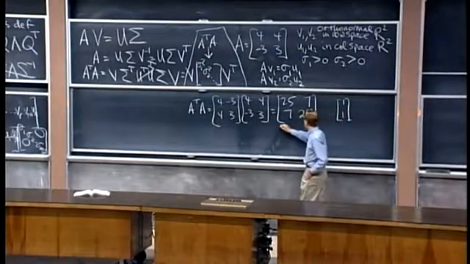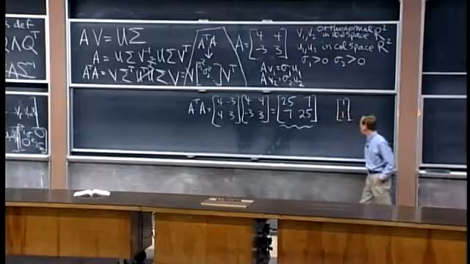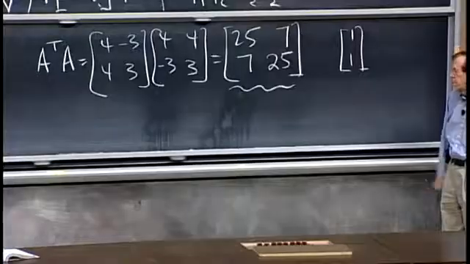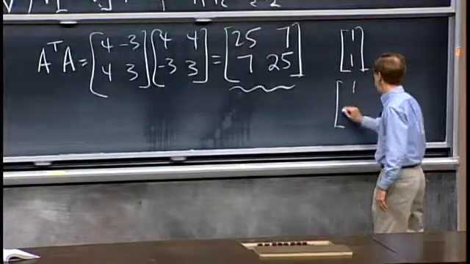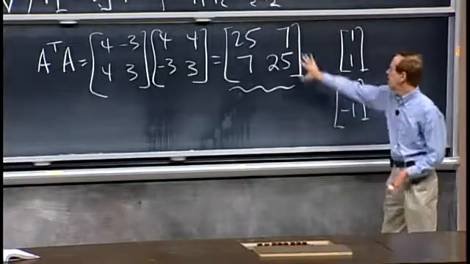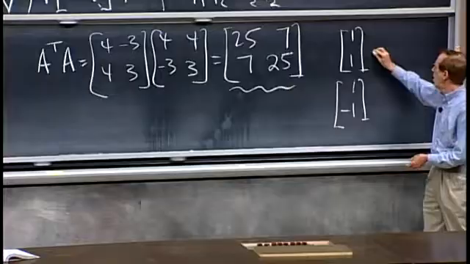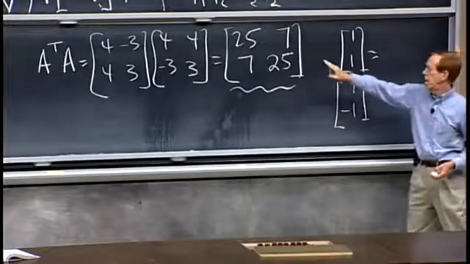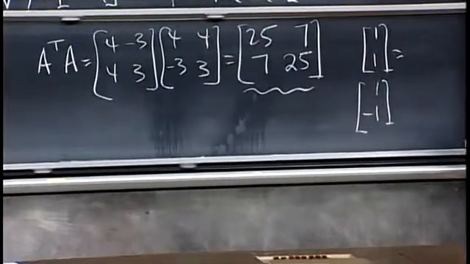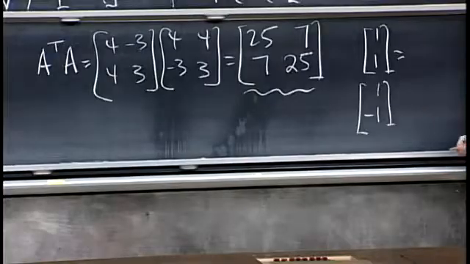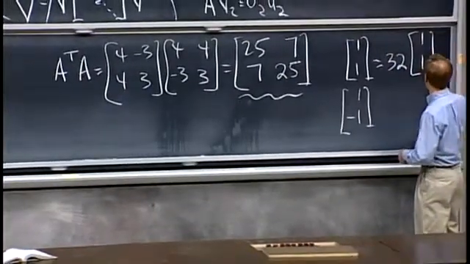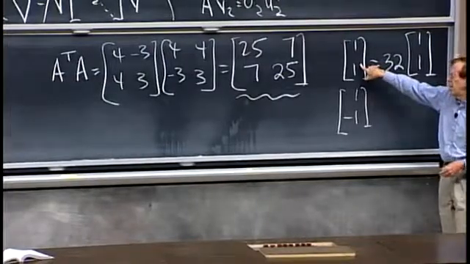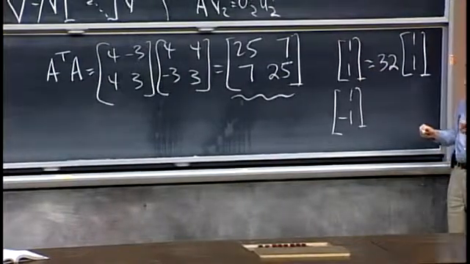So here is A transpose A. I'm looking for its eigenvectors. So its eigenvectors, I think, are 1, 1, and 1, minus 1. Because if I multiply that matrix by 1, 1, I get 32, 32, which is 32 of 1, 1. So there's the first eigenvector.